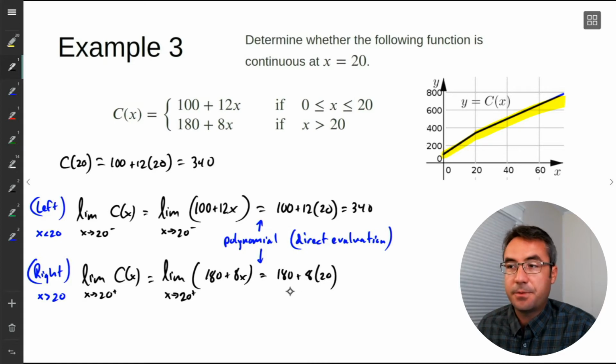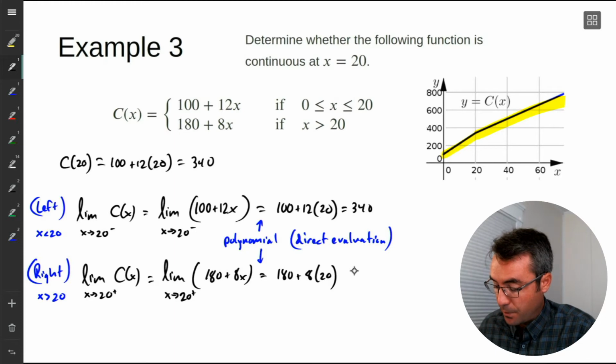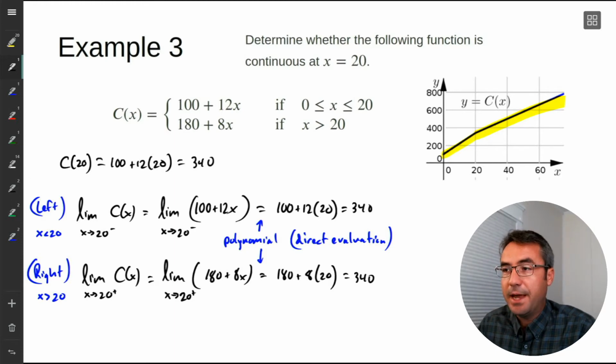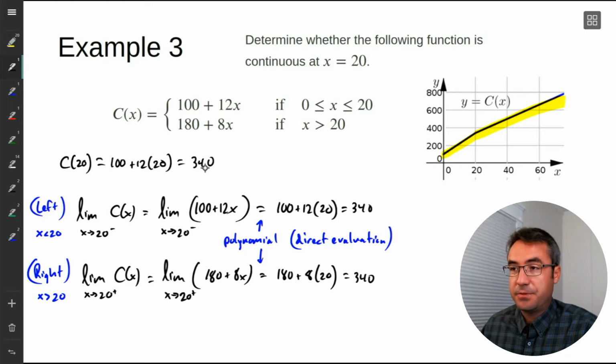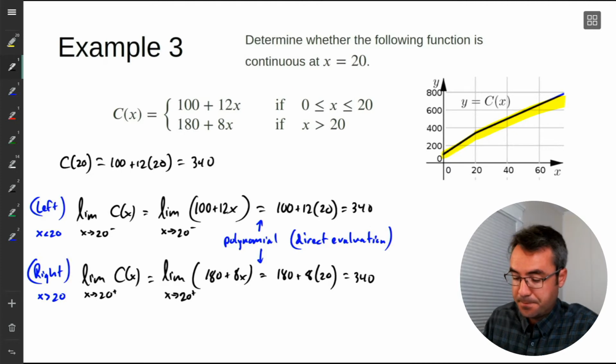And if we do the arithmetic here, we get 180 plus 160, 340. And so what we have here is our function value is 340. Our left-hand limit is 340, and our right-hand limit is 340.